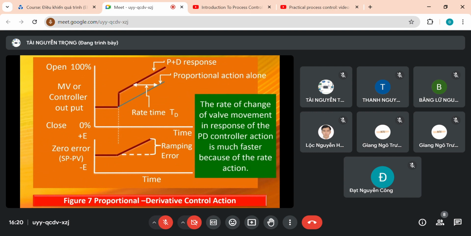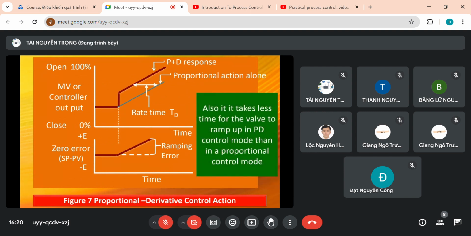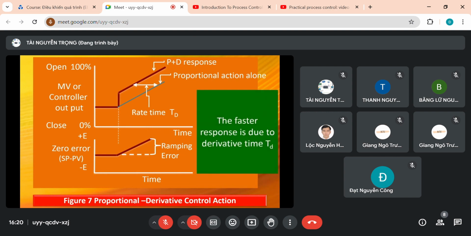That is, the valve position in PD control mode exceeds that of the proportional control action alone. Also, it takes less time for the valve to ramp up in PD control mode than in proportional control mode. The fast response is due to the derivative time Td.